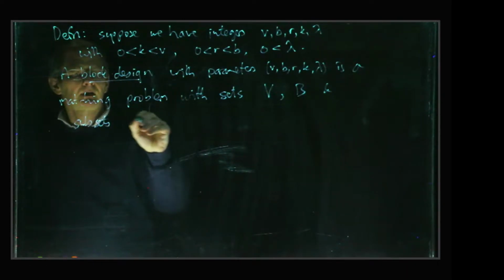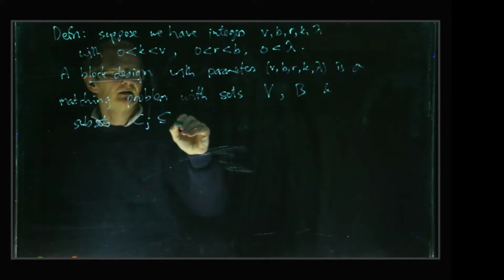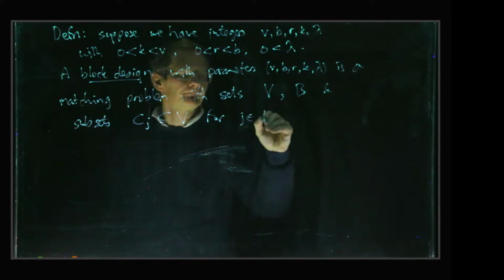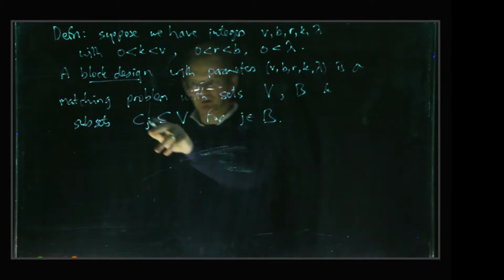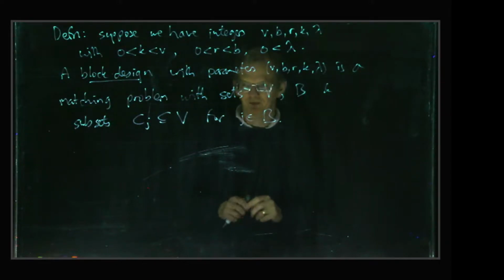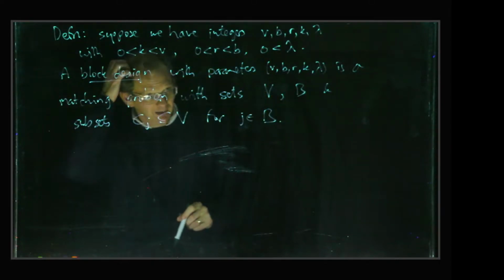subsets Cj of V for j in B. These sets Cj could be called column sets as we did before, or we could call them blocks.